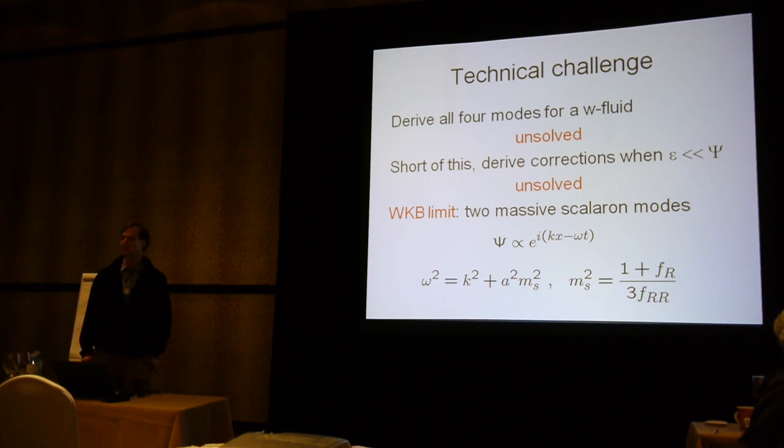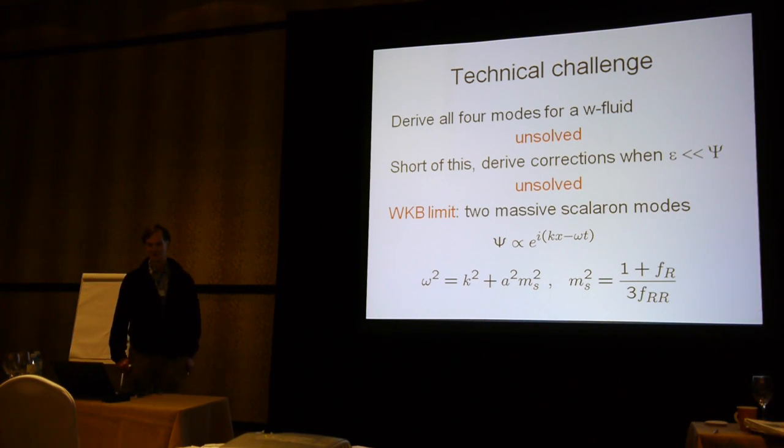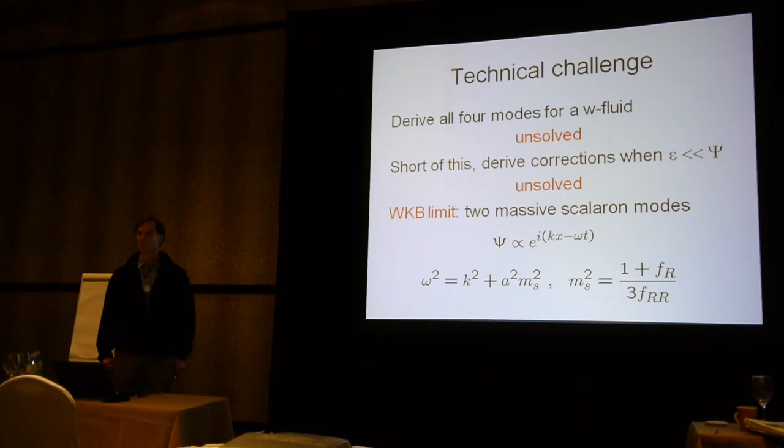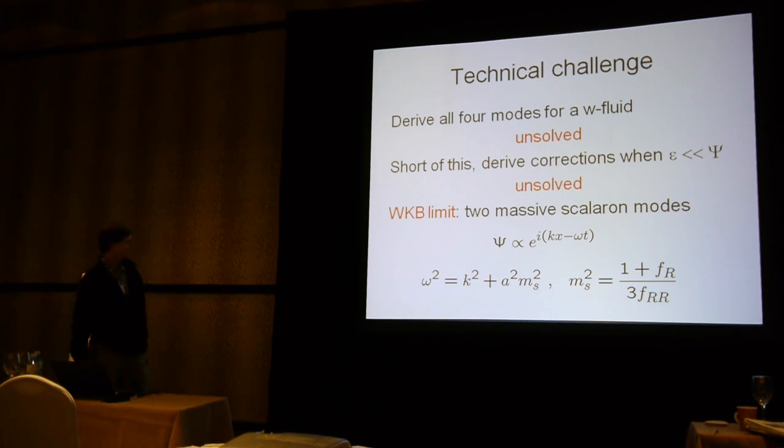Okay, well, I didn't write down all the field equations because they're quite ugly. And solving them, even for something as simple as a w fluid, even for cold dark matter, is an unsolved problem. In fact, it has, to my knowledge, not even been explored in the literature. So Alessandro and I are trying to work that out.